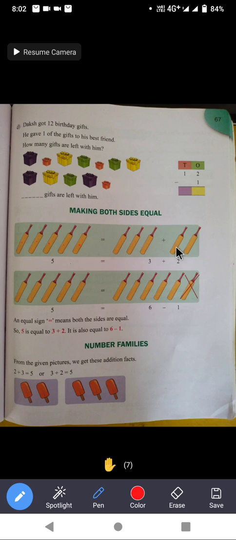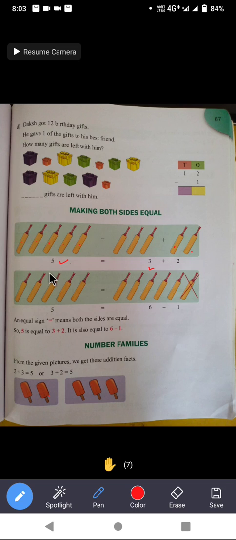We need to add on the right hand side. 3 are already here, then after 3, 4, 5. To make 5 we need to add 2 more bats. So 3 plus 2 equals 5, and both the sides will be equal.